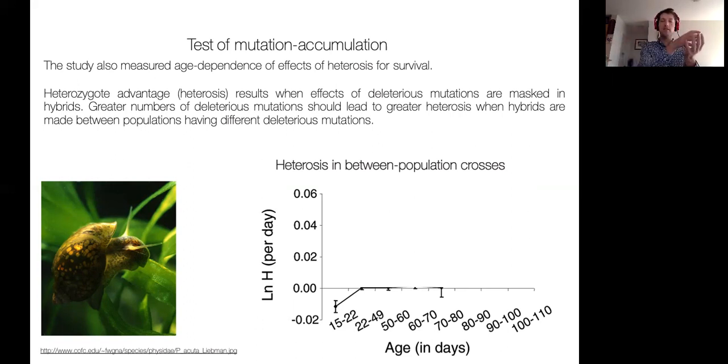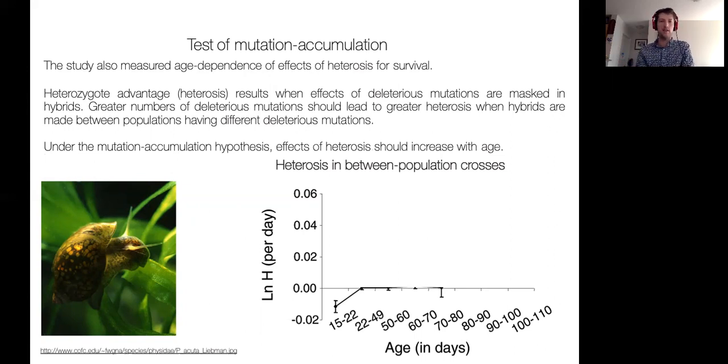But if you cross one population with another, the resulting progeny will have each of those deleterious recessive late-acting alleles from each of their parent populations masked by the wild type allele from the other. So instead of having two copies of the recessive, they'll just have one copy of all these recessives, and those won't actually be expressed. So greater numbers of deleterious mutations should lead to greater heterosis when hybrids are made between populations having different deleterious mutations.